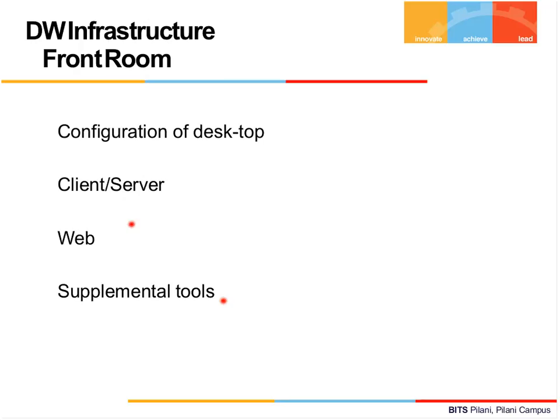That means for the end user perspective, how they're going to interface. So there could be some desktop tools on their laptops, desktops. There could be some client-server applications running, and there could be a web application where users can come through the web portal, dealer portal, things like that, portal environment. And then there will be some supplemental tools that also will be available for reporting purposes.